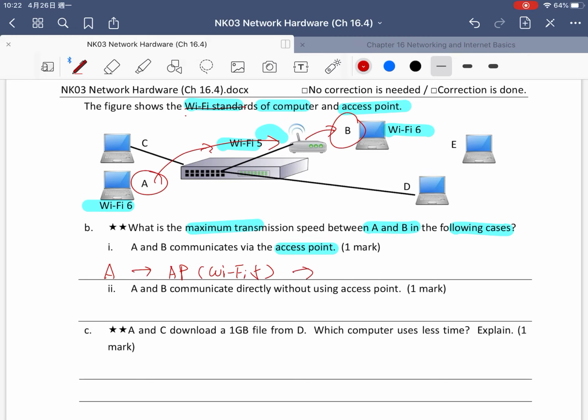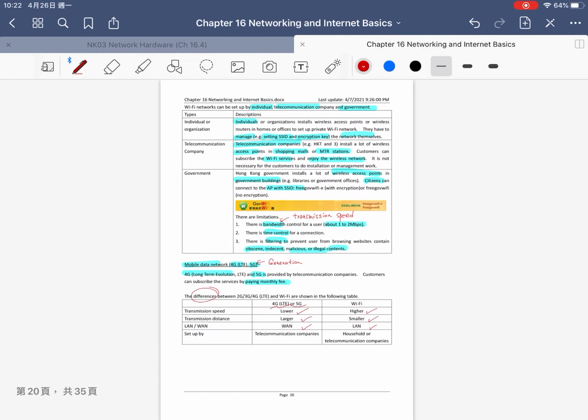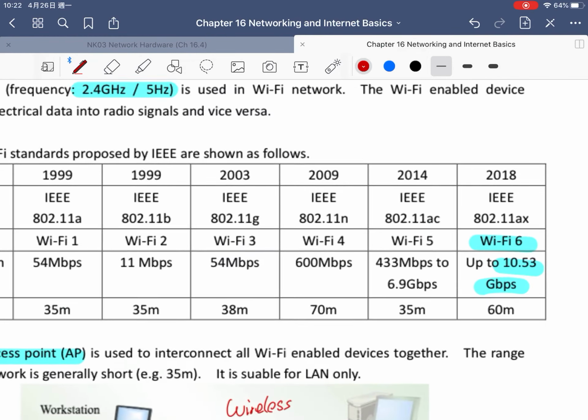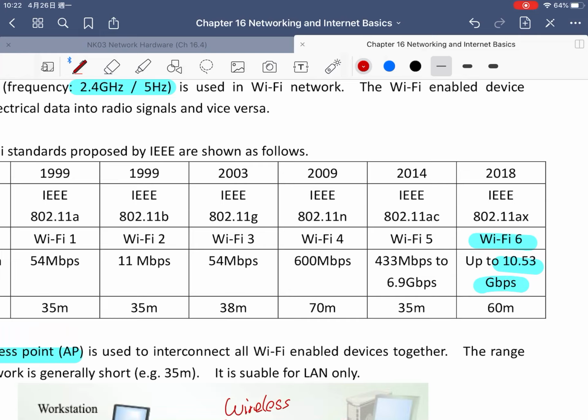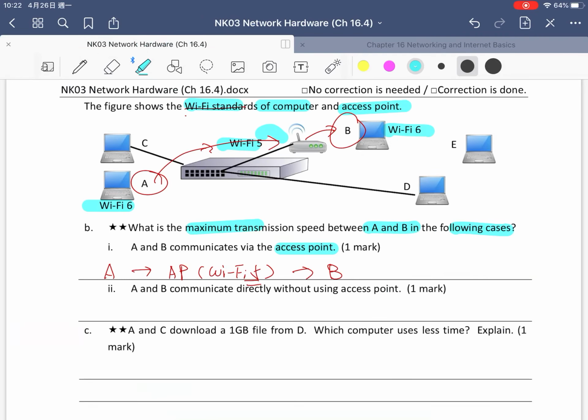And then AP to B uses Wi-Fi 5 only. So for the maximum speed, we can take a look at the notes. Wi-Fi 5: I don't think 6.9 is appropriate, but I will use this one, 6.9 gigabit per second. In practice, it is impossible to have such a high speed.